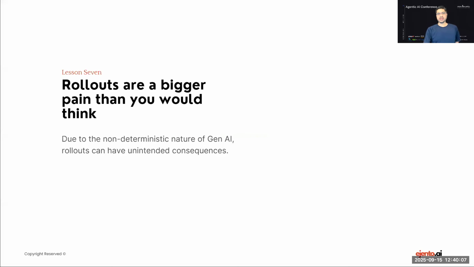Rollouts are going to be a bigger pain in the neck than you can even imagine. When I release a bunch of new lines of code, well, my product is non-deterministic. In a traditional software product, my product is deterministic, right?